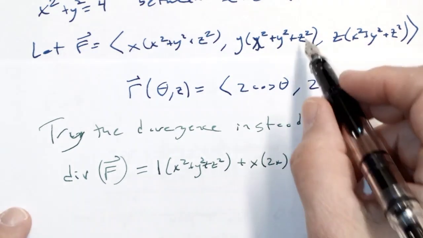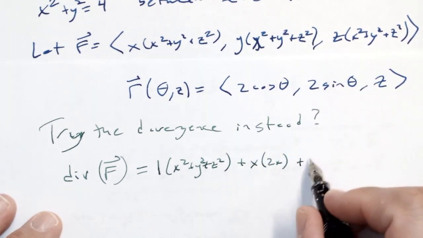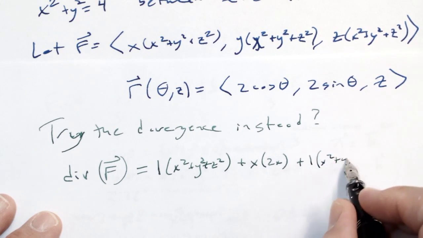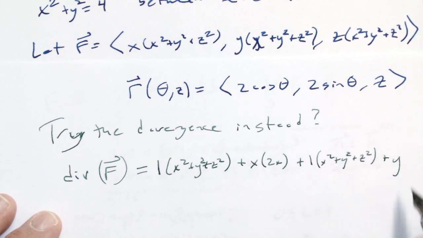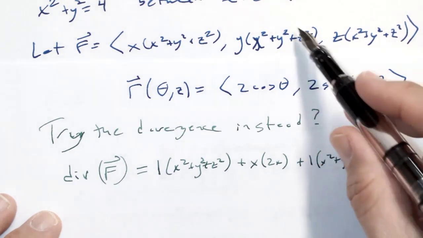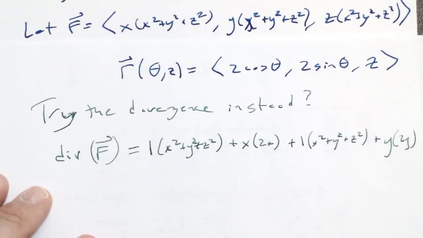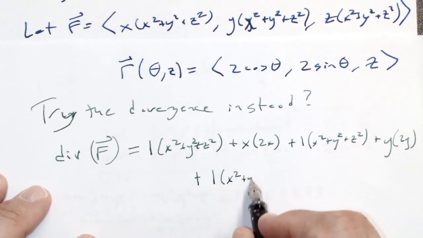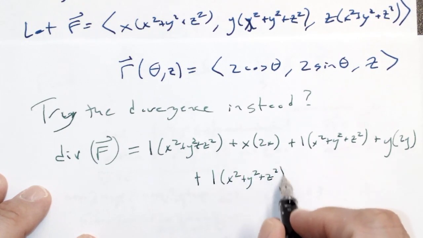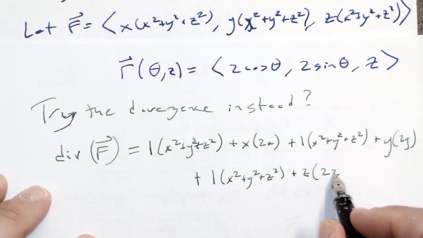When I do the derivative of the second term with respect to y, I get 1 times x squared plus y squared plus z squared plus, leave the y alone, derivative of this with respect to y, that's 2y. See the symmetry involved? When I do the z derivative, I get 1 times x squared plus y squared plus z squared plus, leave the z, derivative of the inside is 2z.